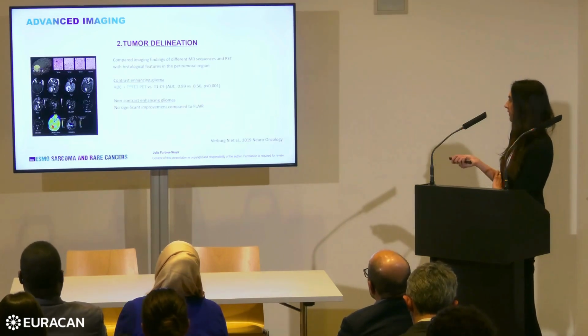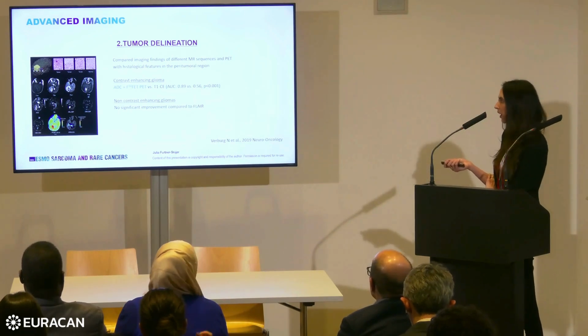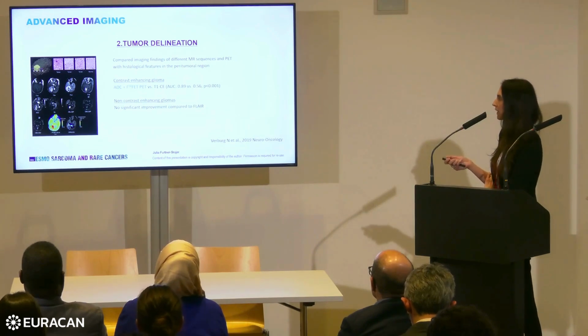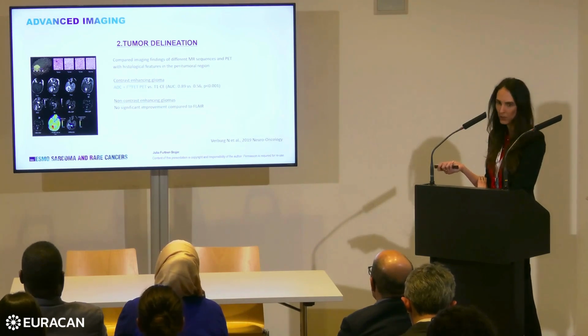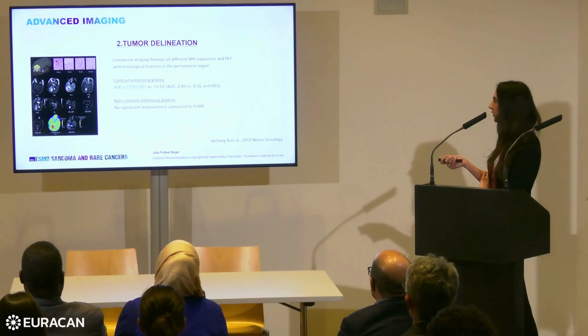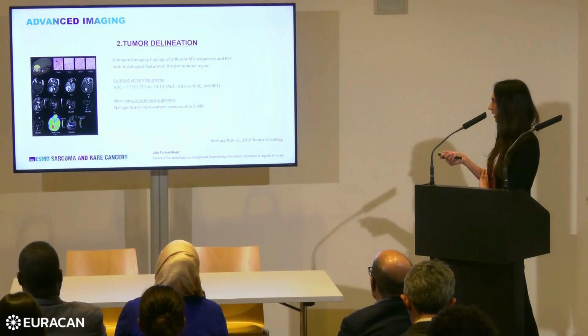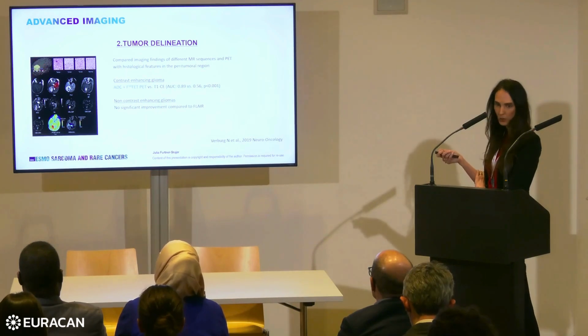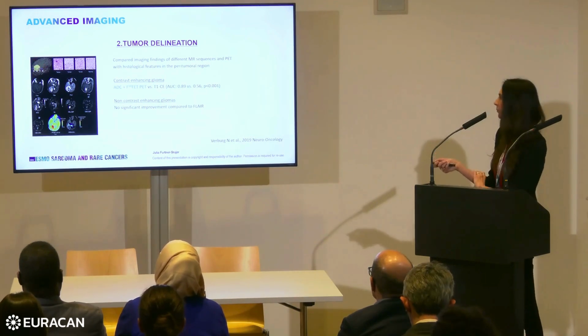There was a study from a group in Amsterdam, and they compared imaging findings of different MR sequences and PET imaging with histopathological features in the peritumoral region. So you can see there was the tumor, and they also did biopsies around the tumor, 1 centimeter around.